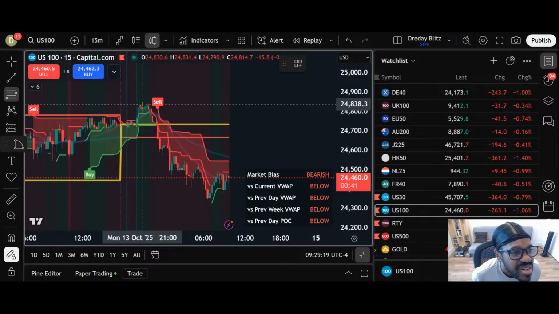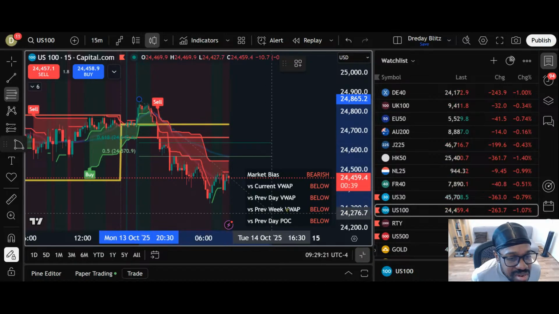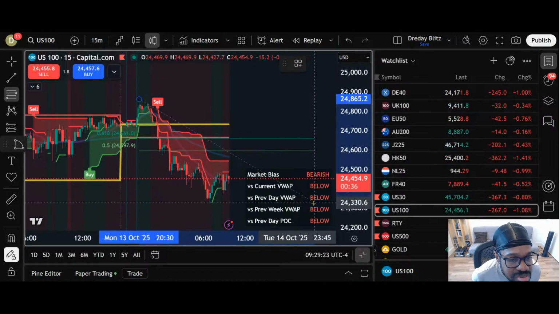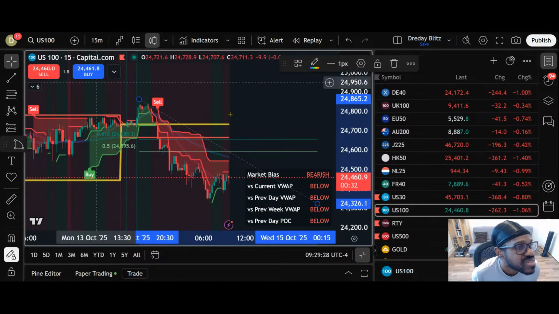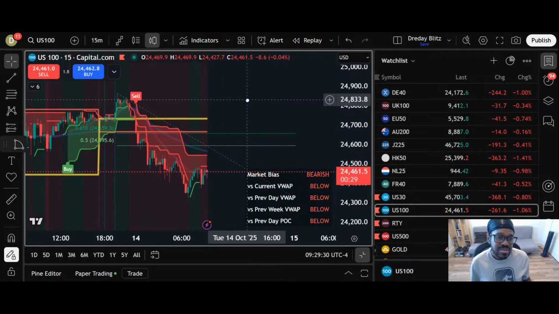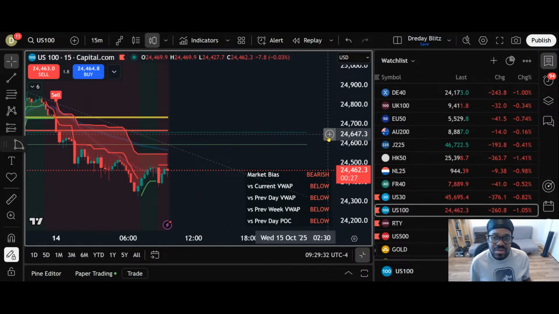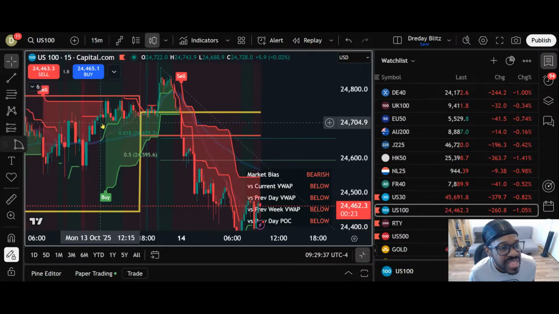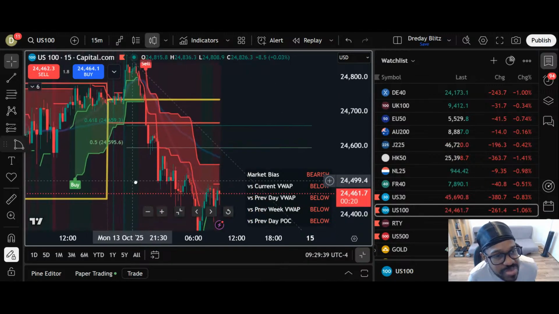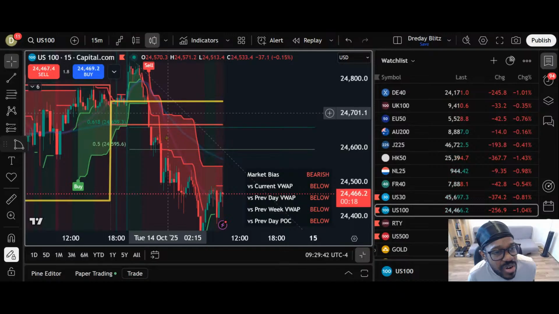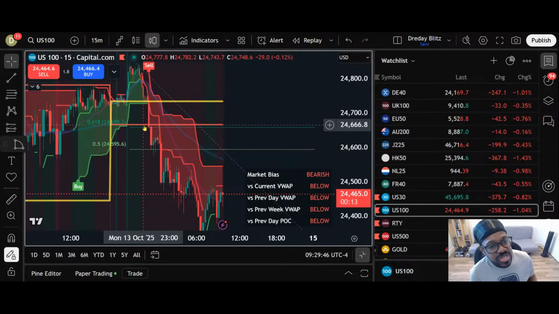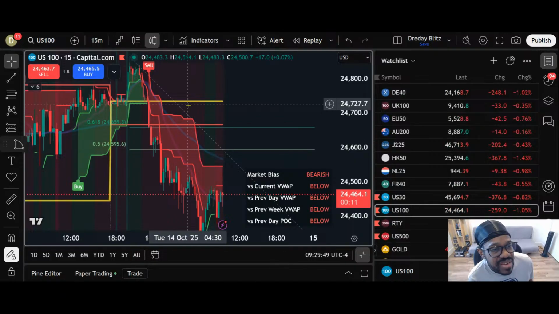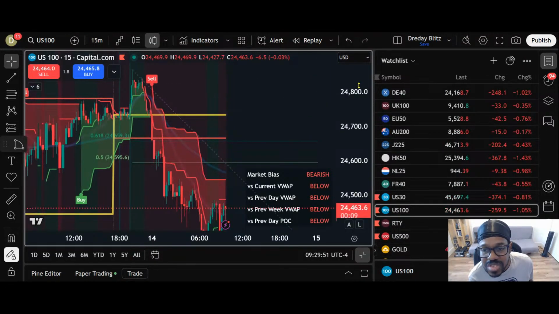I'm just going to plot it from here to here, and I'll adjust it afterwards. You see that most of the time when you do a fib retracement here, most of the fib retracements are near a previous day VWAP or POC. Right now it's really near the previous day POC, VWAP.